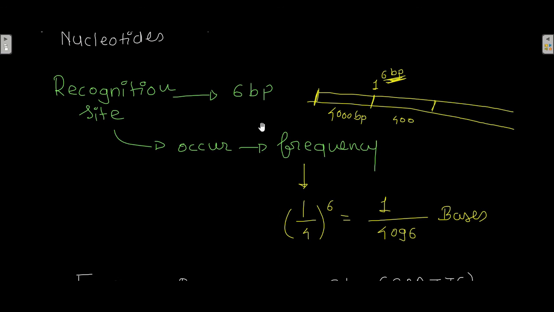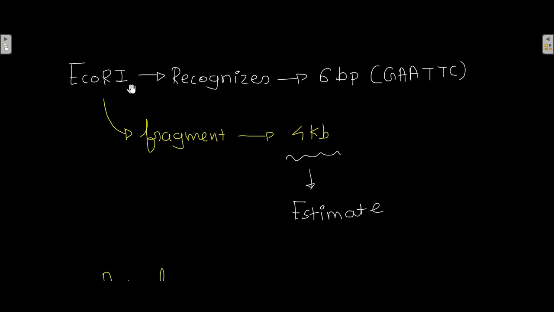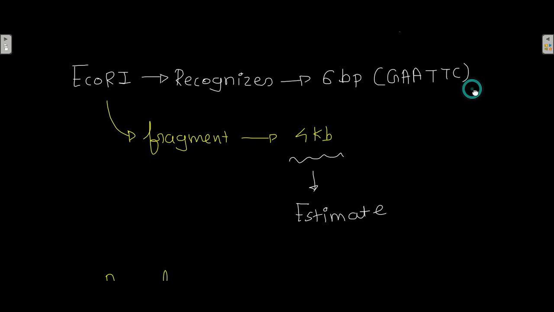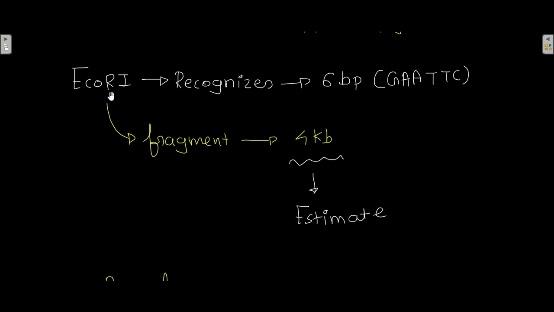So EcoRI recognizes a recognition site of 6 base pairs, that is GAATTC. It means when EcoRI cuts a particular DNA, it will produce fragments of about 4 kb. Okay, this is an estimate.